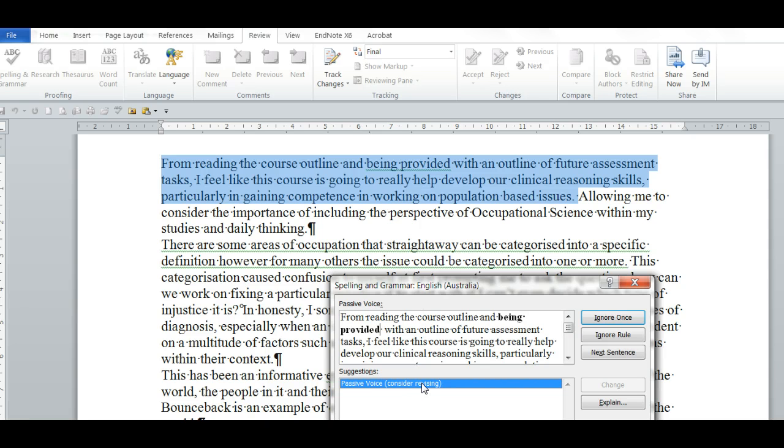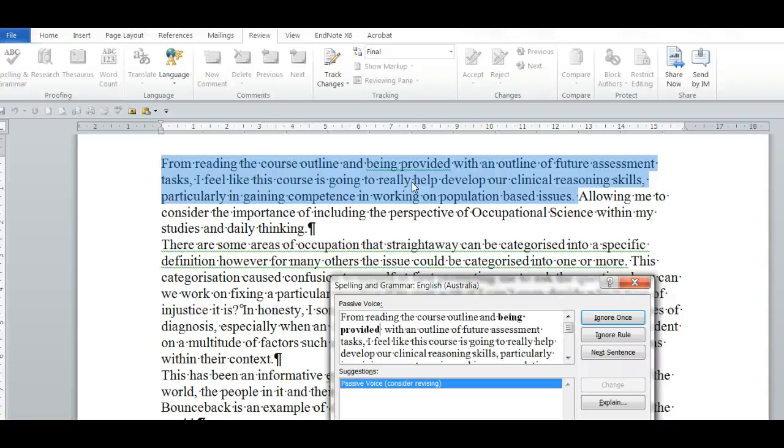You can consider revising. Passive voice isn't wrong, and very often research reports are written this way because it avoids use of first person. I just want you to be aware of it because there are times when you can do a quick little change and it just makes your writing stronger and more active.